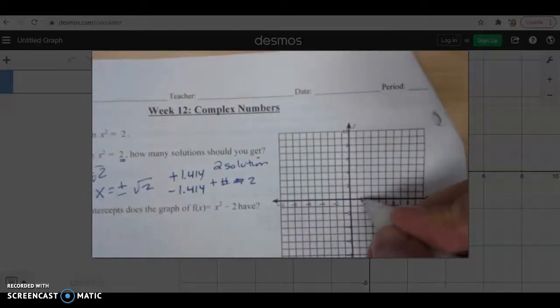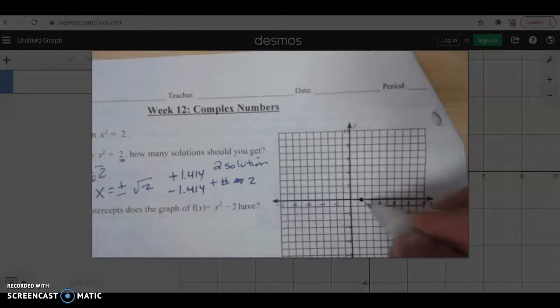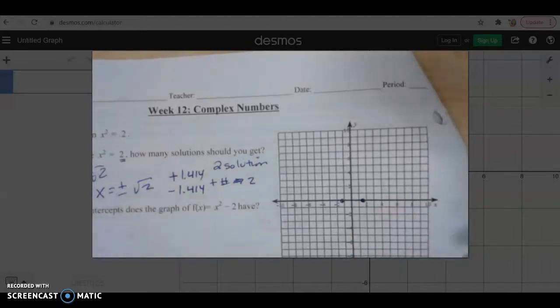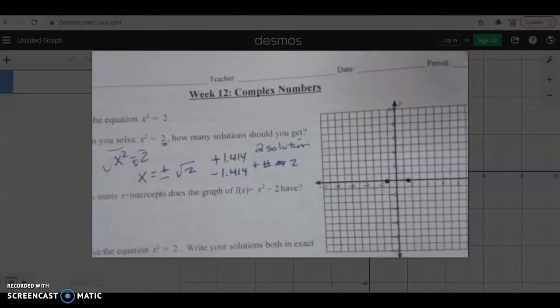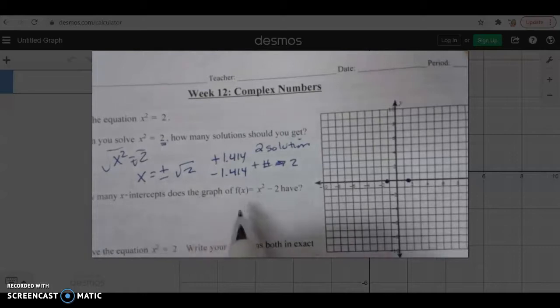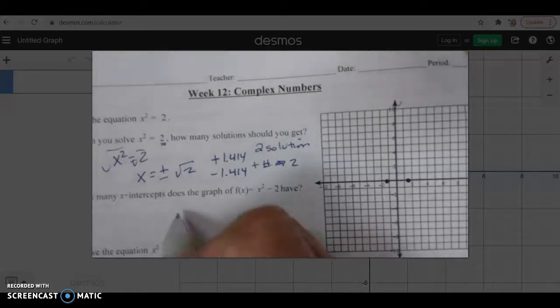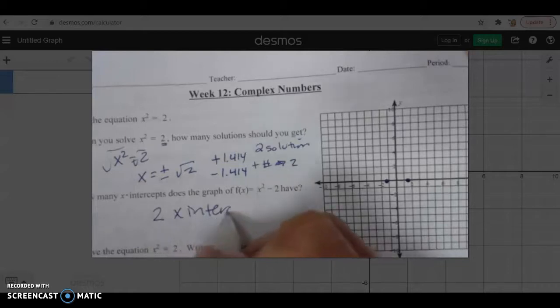positive 1.4 is almost halfway, right? Estimating. And negative 1.4 is right here. So it's going to touch the graph at 2 places on the x-axis, or have 2 solutions, 2 roots, 2 zeros. How many x-intercepts does the equation have? It has 2 x-intercepts.